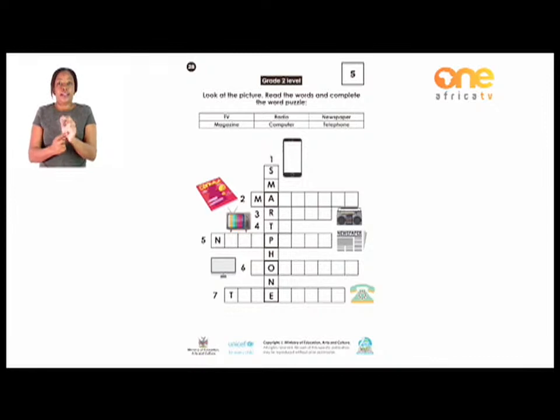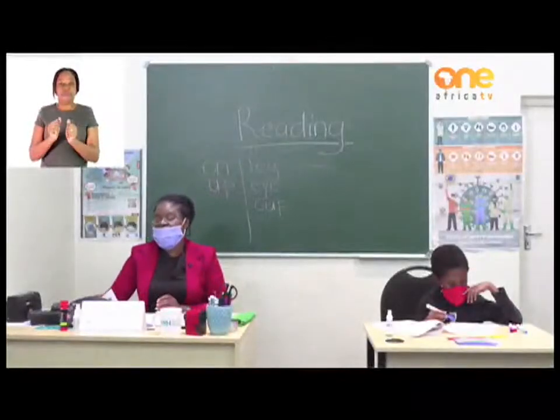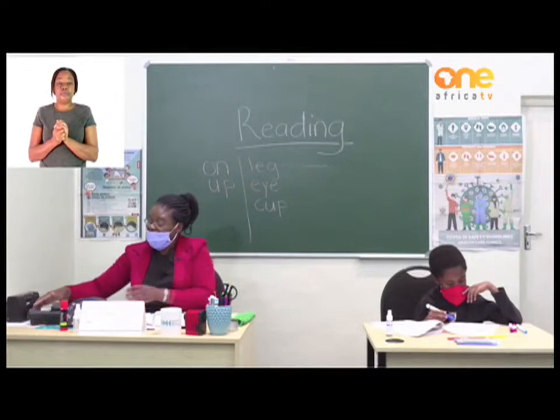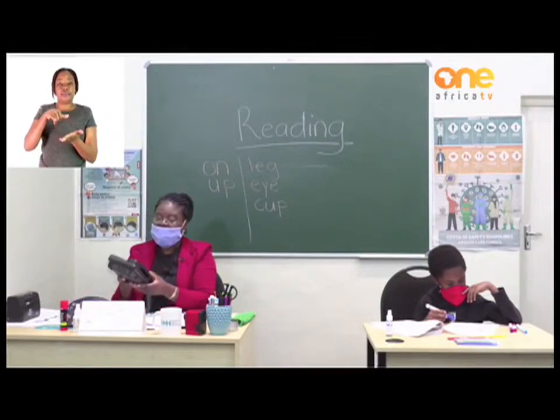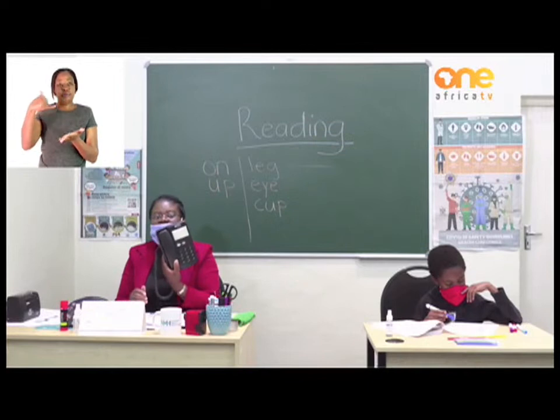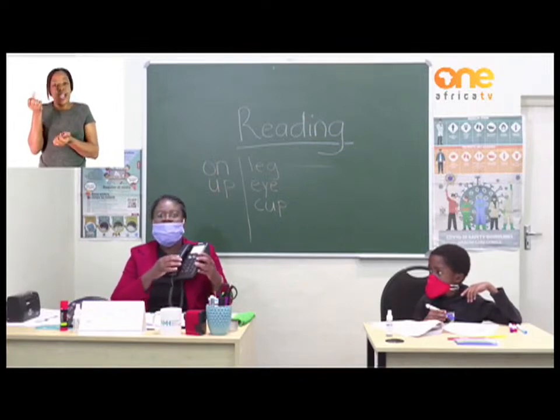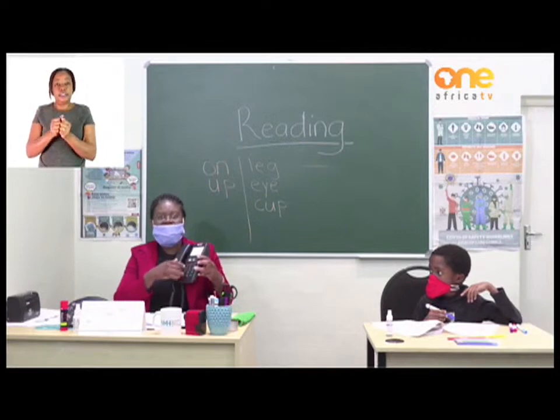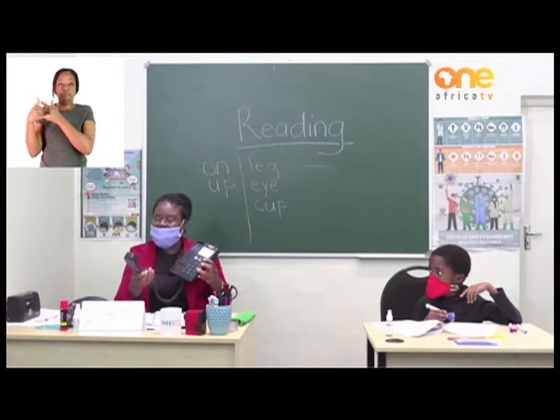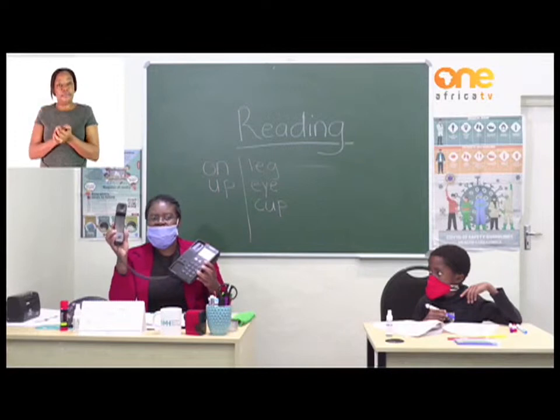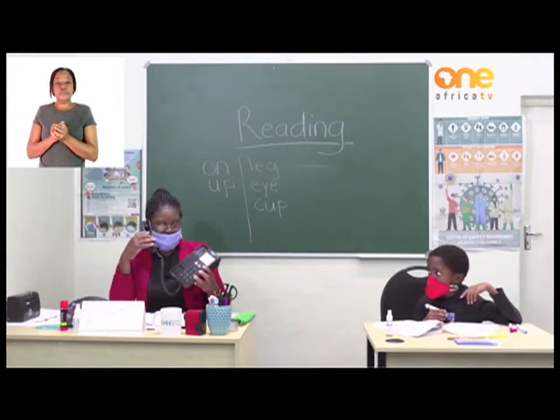Okay? So here with me on the table, I have this. Do you know what this is? It has got numbers. There are numbers here. And I have this, which I put on my ear when I talk.